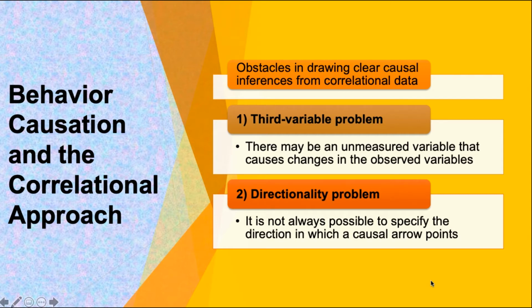In the example that we just gave for the online video game, you want to know whether increased exposure to violent video games causes increased bullying. However, it is possible that the observed increase in bullying in this study was actually due to another unmeasured variable.